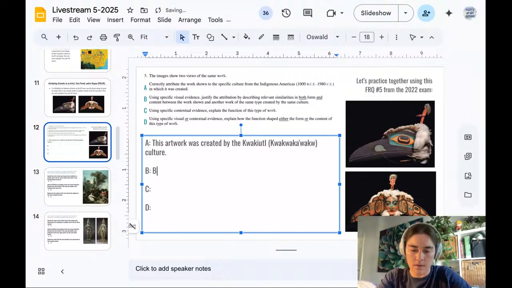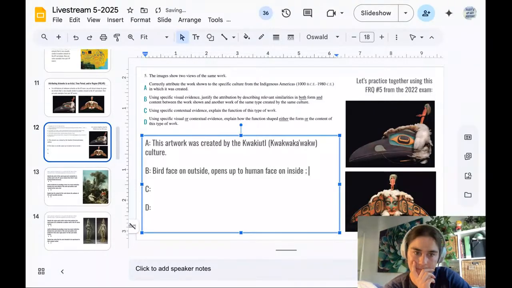So bird face on outside opens up to human face on inside. Does anybody remember the specific name of the visual style that was used by the Quack Waka Waka group? Formline style, excellent.